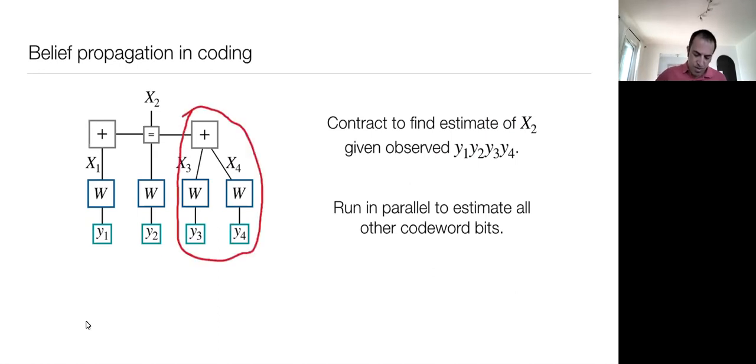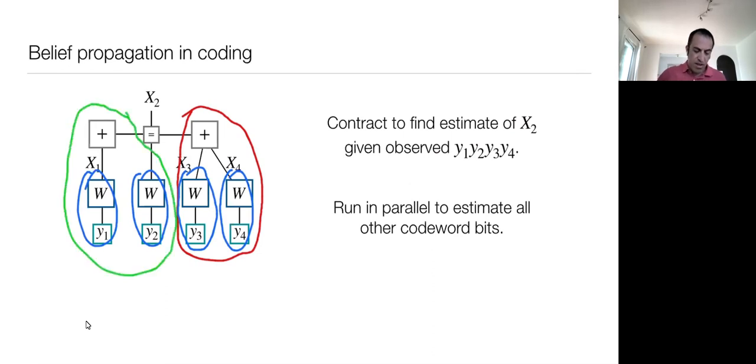Maybe you want to think of it as first contracting these parts, and then we would do the red one. We can also do this one together. Or we should split this equality node actually, so that we can take everything in pairs, but we can always do that. And so this will be the belief propagation algorithm.